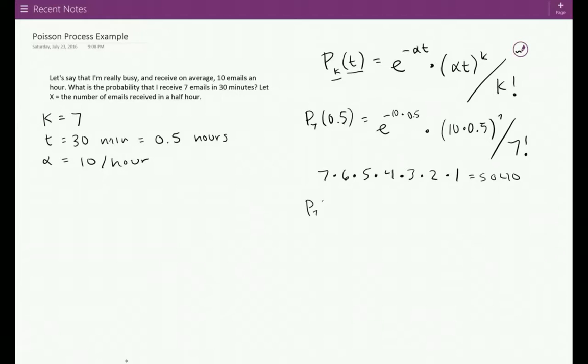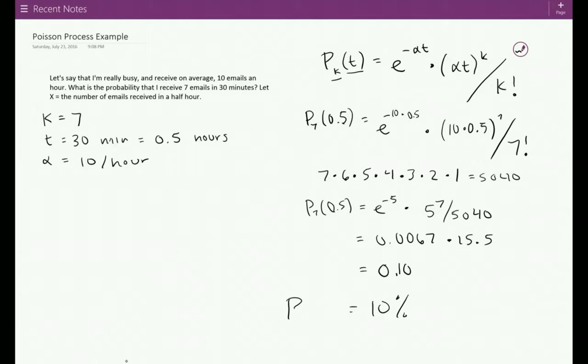So, if we work this calculation out further, you can see that our probability eventually becomes 0.1, or 10% is the probability that I get 7 emails in half an hour.